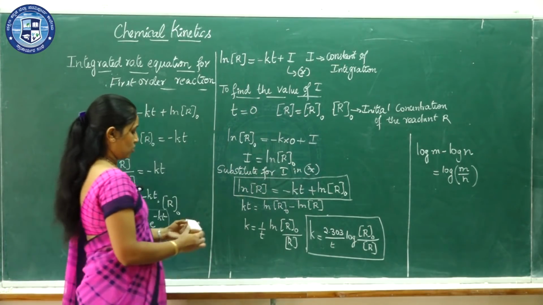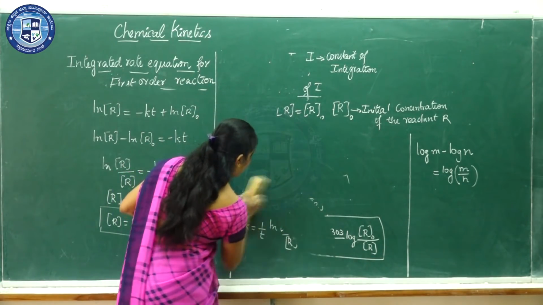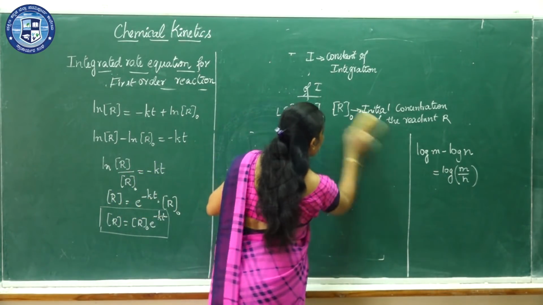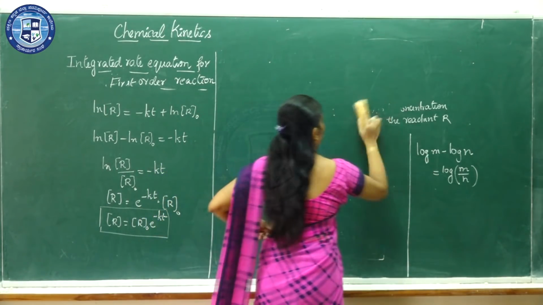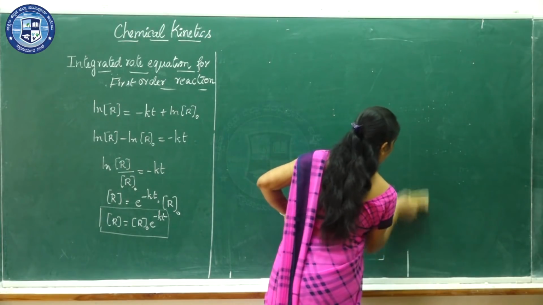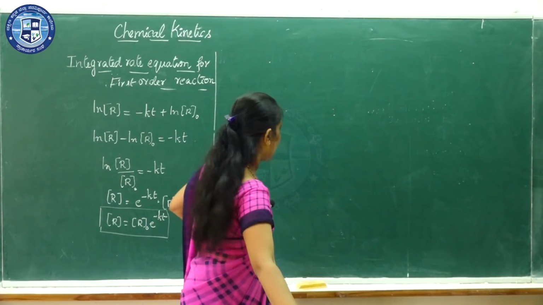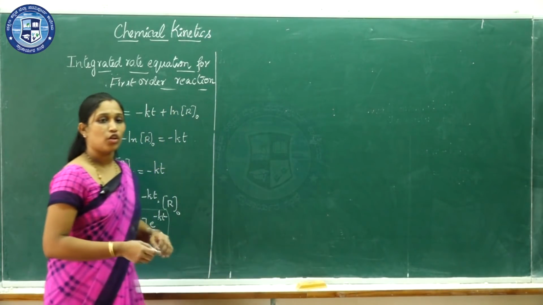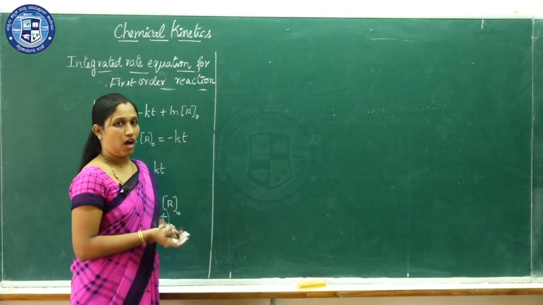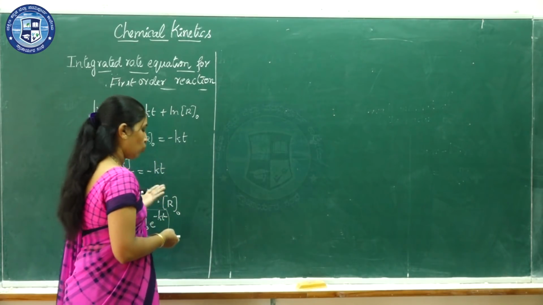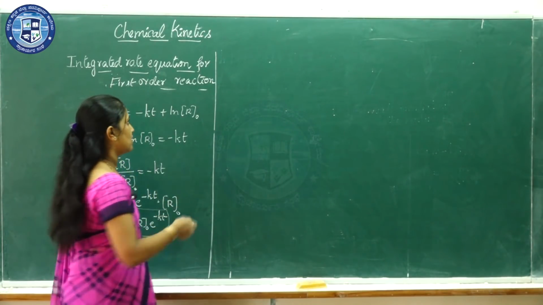Okay, so next we go to the other form. Supposing you have different concentrations of R. At that time, what will be the rate equation? How to write that? That we will see.